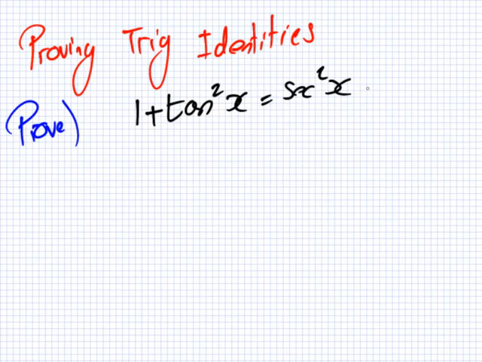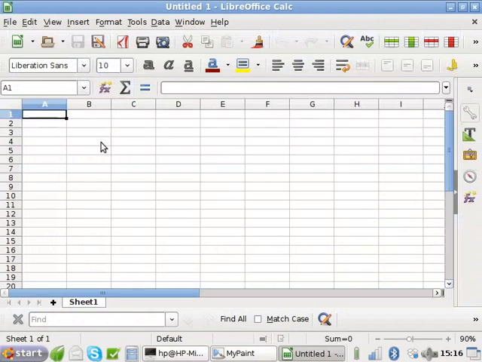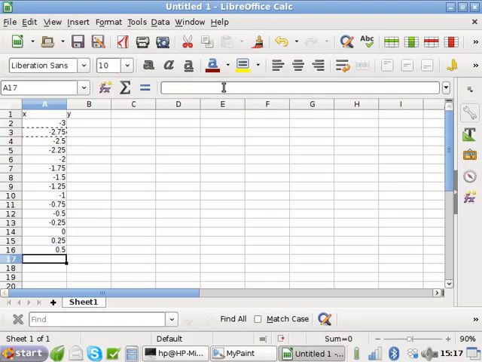So, actually, before I do an example, let me show you this here. Let's say in a graph, I want to plot e to the minus x squared from minus 3 to 3. So, here's the x, here's the y, here we start at minus 3, and then we'll go up in 0.25 steps. So minus 2.75, okay, let's go all the way up to 3.